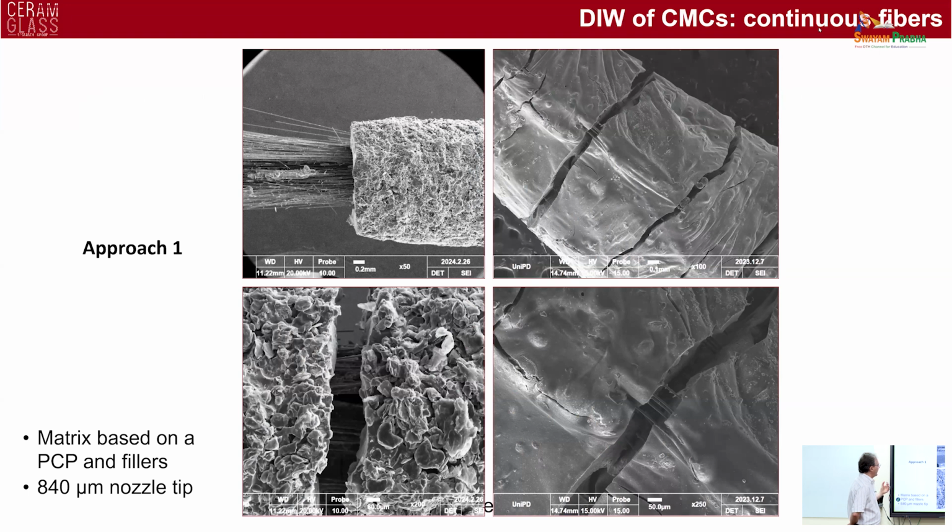This system contained also, the matrix contained also silicon carbide particles, but they were not in an amount sufficient to prevent cracking after pyrolysis. Bear in mind that when you make ceramic matrix composites, one of the approaches is to use pre-ceramic polymers as a matrix.